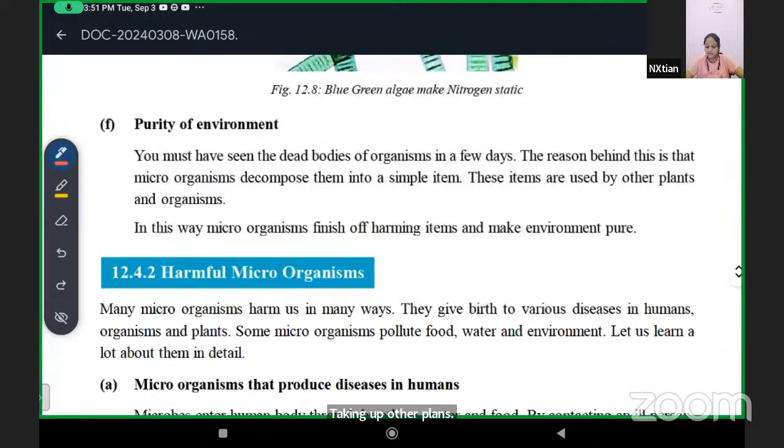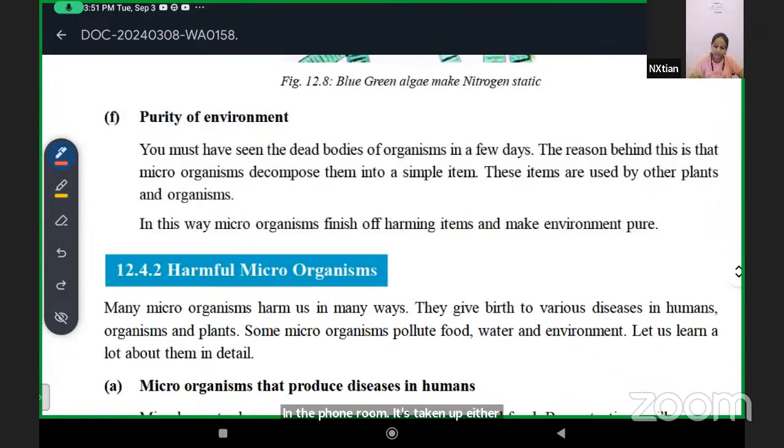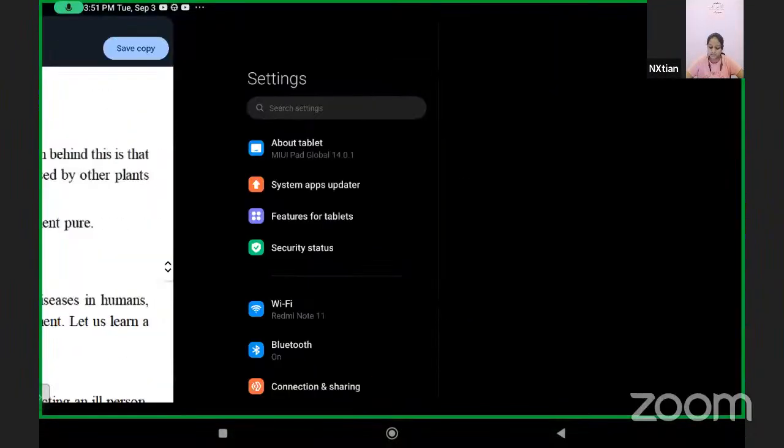It's taken up by the plant. So that is why it helps to matter.